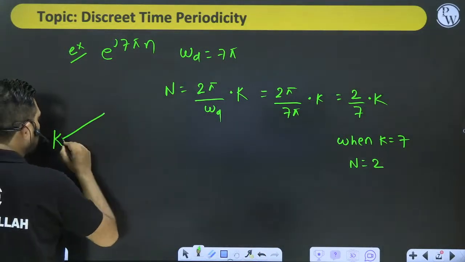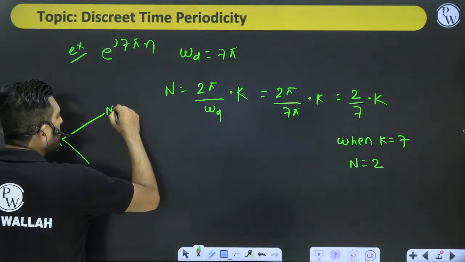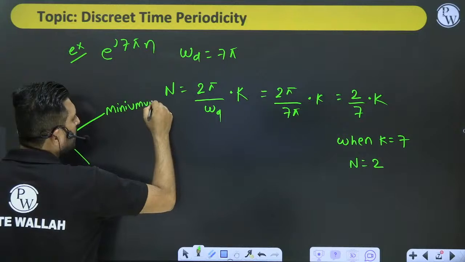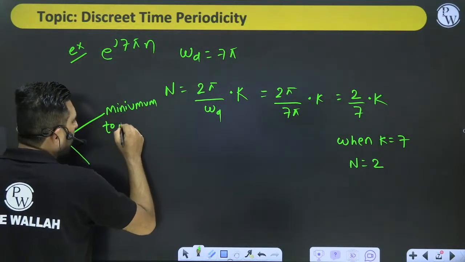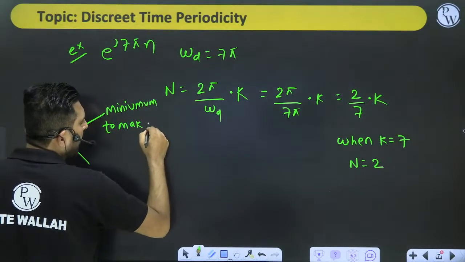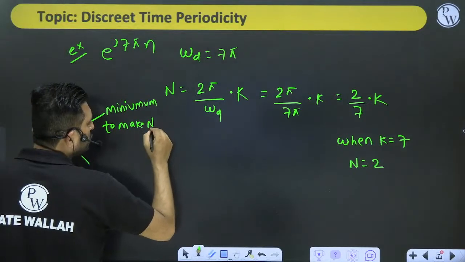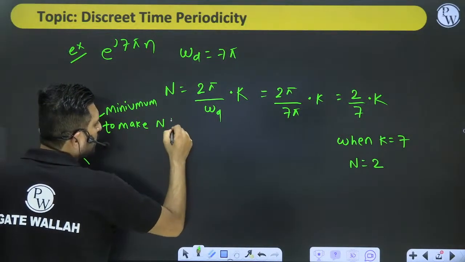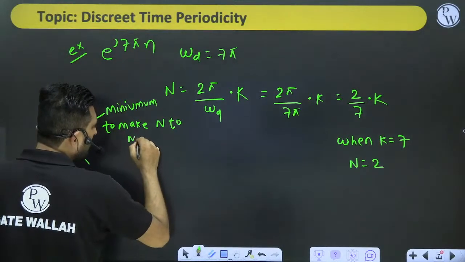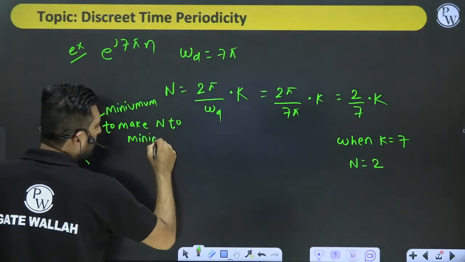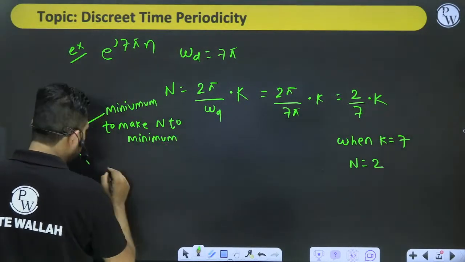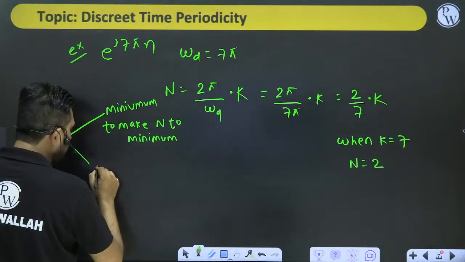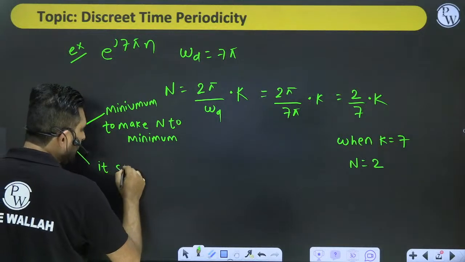Mind it that k, two conditions you have to satisfy. Number 1, it should be minimum. Why minimum? To make n minimum. And it should be integer.